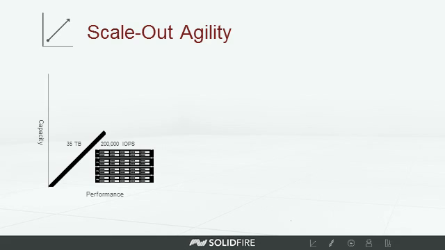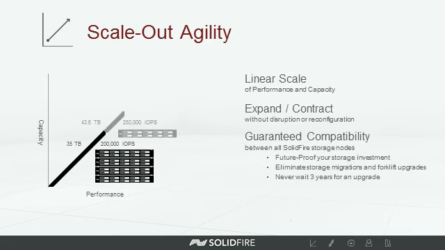If we want to increase either the capacity or the performance of this cluster, rather than having to forklift from one pair of controllers to another, rather than have to buy a new array and migrate data over, all we have to do is buy a new node. And when we put that new node in place, we're going to linearly scale out both the capacity and the performance based on the node that we put in place.